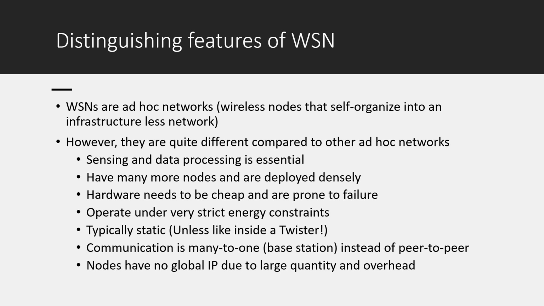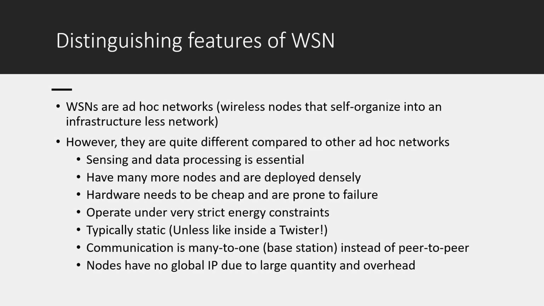The nodes do not have a global IP. As you already know, most of the nodes in a wireless or wired network have an IP address, right? But these nodes do not, because they are huge in quantity and there would be a huge amount of overhead. So does this mean they do not have any IP at all? No, they have an IP address, but it's not a global address.